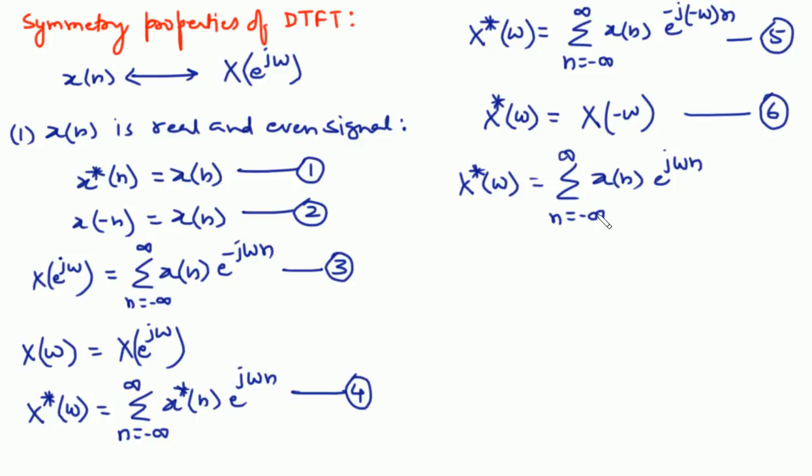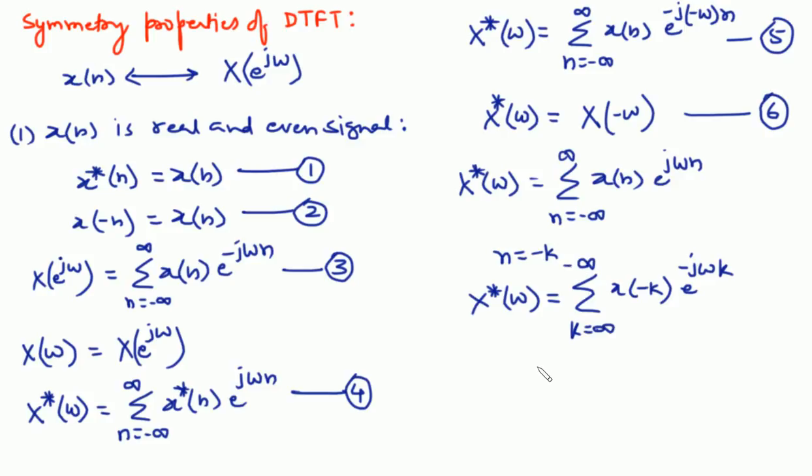Now here, if n is replaced by -k, then the complex conjugate of X(ω) is the summation of x[-k] e^{-jωk}, and the lower limit of summation is plus infinity, the upper limit of summation is minus infinity.